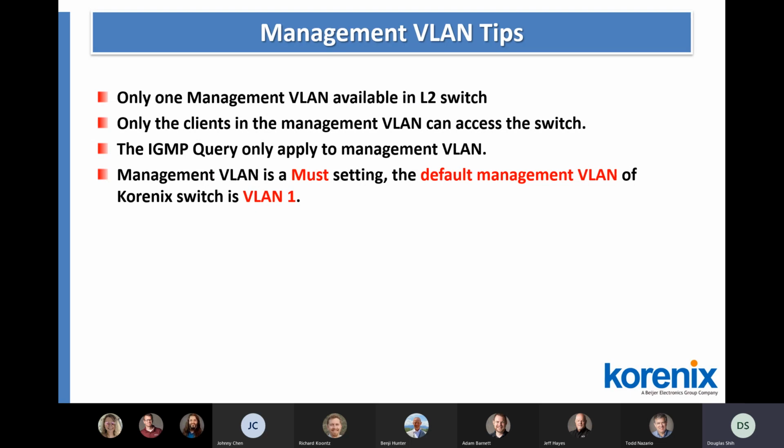There is only one IP address. So if the querier is in a different VLAN, there is no IP interface. And the management VLAN is a must setting on our switches. The default setting of the management VLAN is VLAN 1. And VLAN 1 is also the PVID for all ports. So once you get the switches, you do not need to modify the settings. You can use a connection to access our switch.